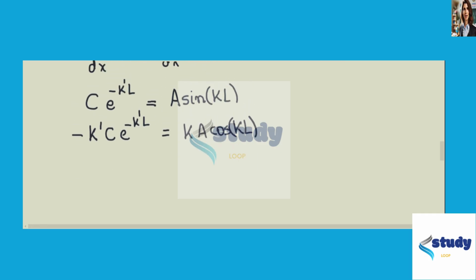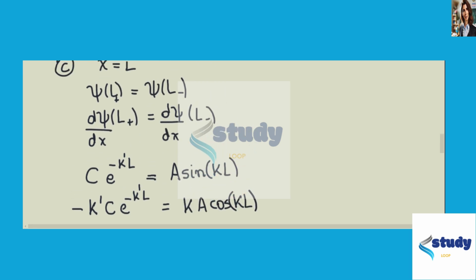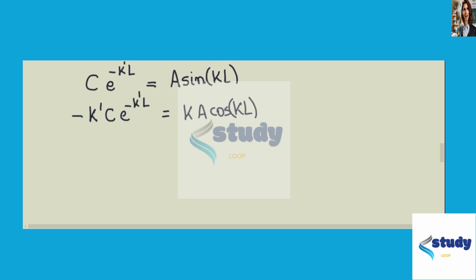And what we have to do, according to the exercise, is to show that k times the cotangent of kL is equal to minus k prime. In order to show that, I'm going to divide the two equations that I have here.